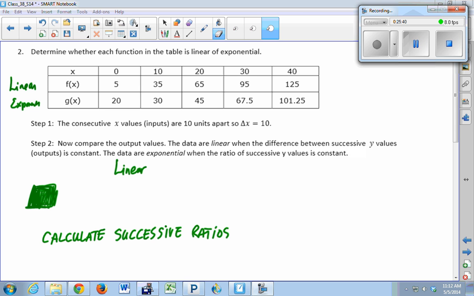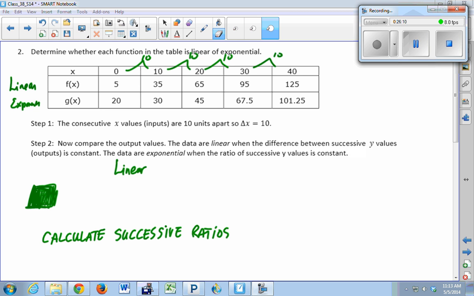Okay, so given that this is constant, the change in our x, so we call that the difference between our x. That little delta means the change in or the differences, right? Between our x values is 10, between consecutive x values, right? So we've got that set. So really we only have to pay attention now to the changes in our output because the change in our inputs is constant.